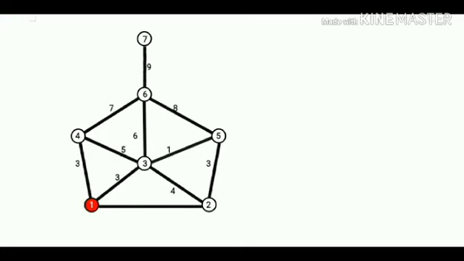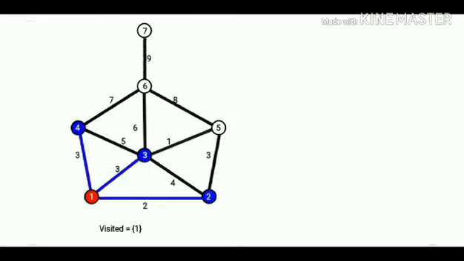We'll start by choosing 1 as our arbitrary node. In this case, vertex 1 is visited. After choosing the root node, you can see the adjacent edges are 1 to 4, 1 to 3, and 1 to 2.